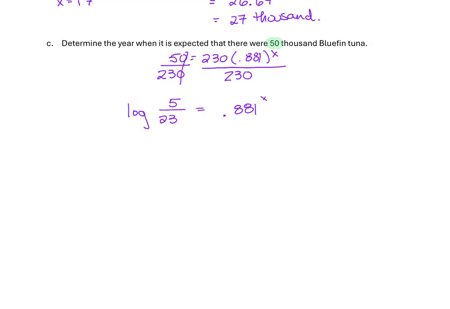From there, we can take the log of both sides, and again, it doesn't matter what log we use. But this allows us to take the x and move it to the front. Finally, we can divide by the log of 0.881 on both sides, because it is just a number.